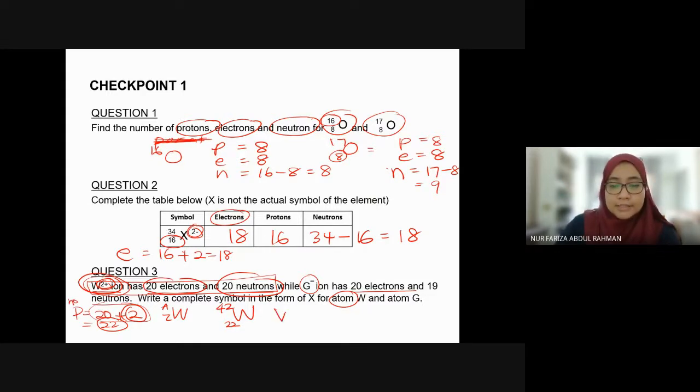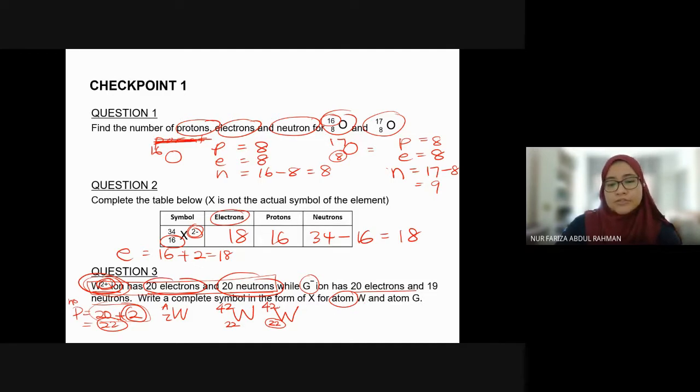It's going to be like this. The number of protons will be the same, regardless of whether it is in neutral state or ion state. It will always be the proton number at the bottom, and at the top it will always be the mass number.